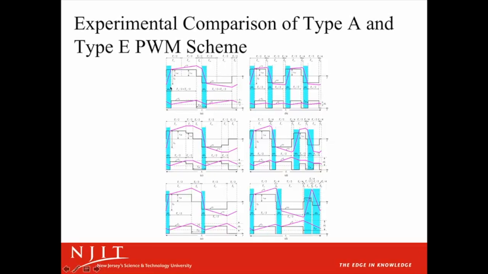Let us compare type A with type E PWM on the next slide. In the type A and type E PWM patterns, you can see that type E has two additional duty cycle losses, delta dy. The intervals of delta dy are longer than that of delta dx.